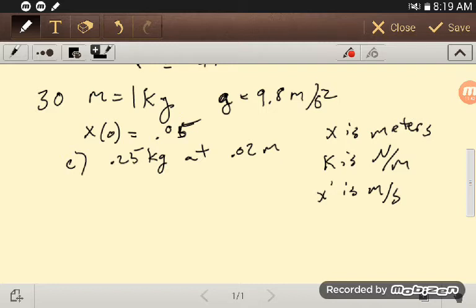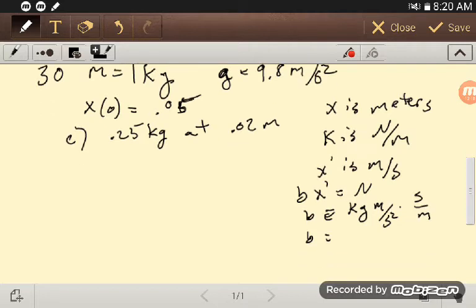And so when you multiply by b, b times x prime needs to be newtons. Okay, well, so that means b has units of newtons, which is kilograms meters per second squared, times seconds over meters.